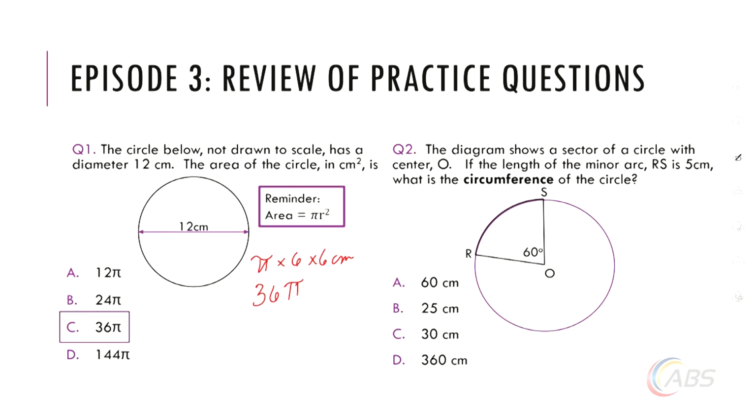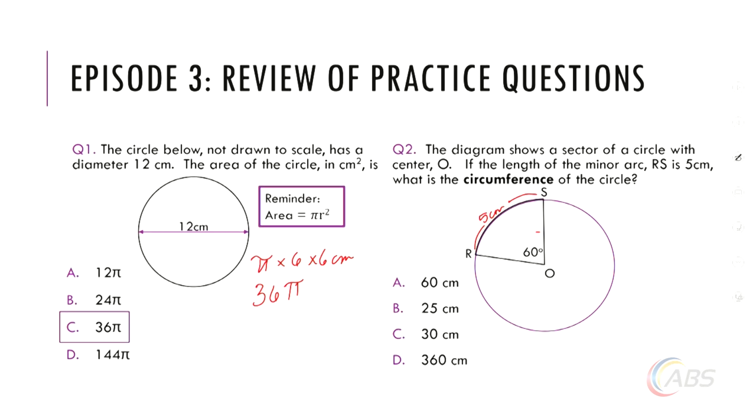So, our circle is given here. We're given a part of the circle, our sector, which is 60 degrees, and our arc RS, they gave us the length of that, which they said is 5 centimeters. So from R to S is 5 centimeters. Notice this is a part of the circumference.